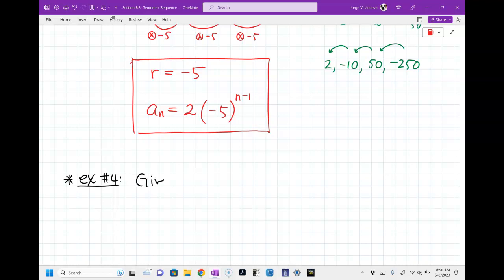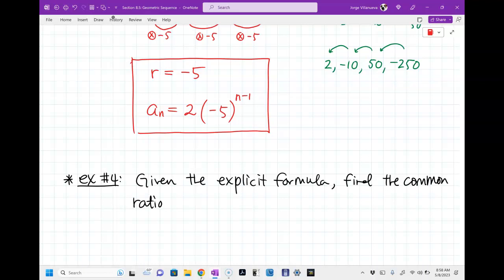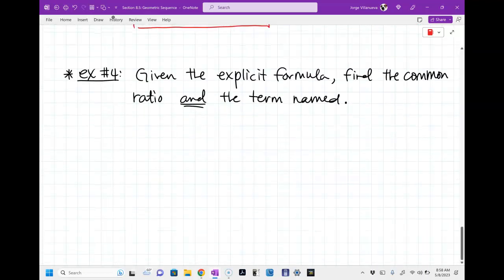They're going to say, given the explicit formula, find the common ratio and the term named.